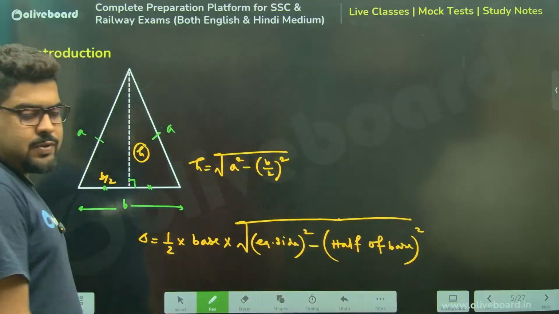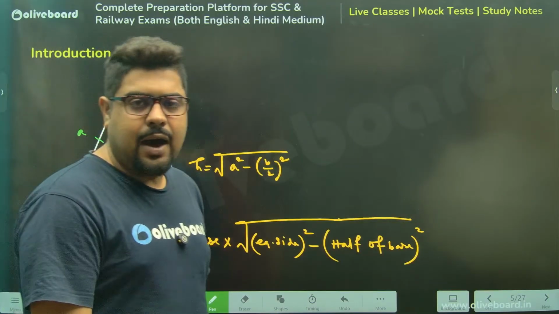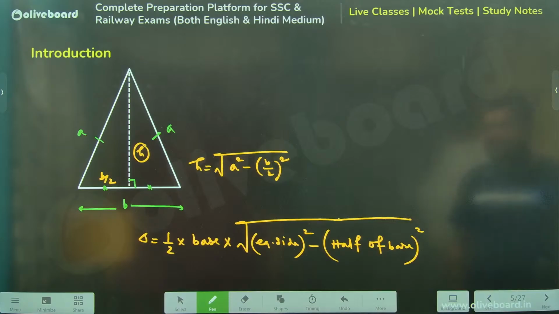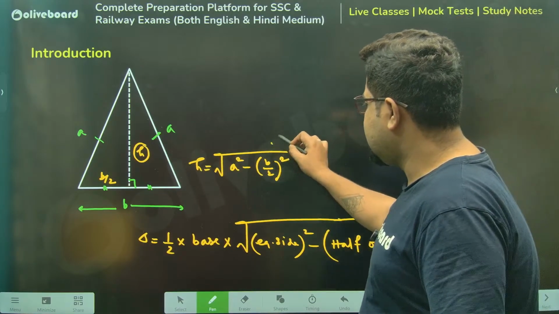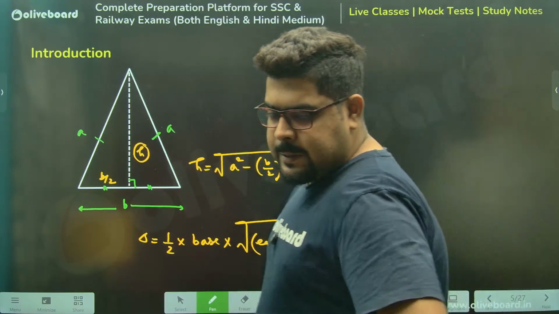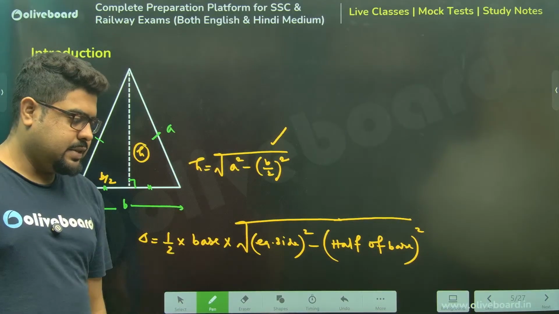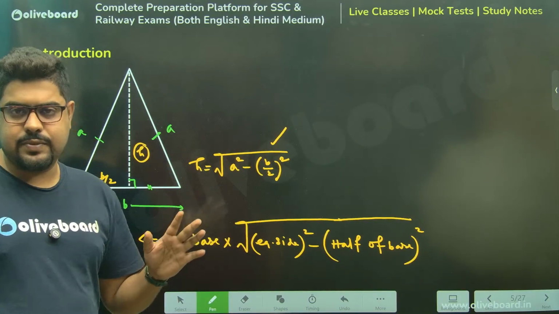This is how you write it. Clear, everyone? And the height of the isosceles triangle is like this. This is how you solve it.